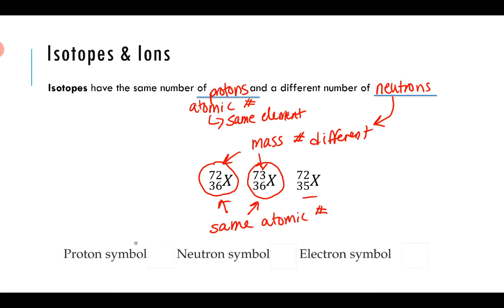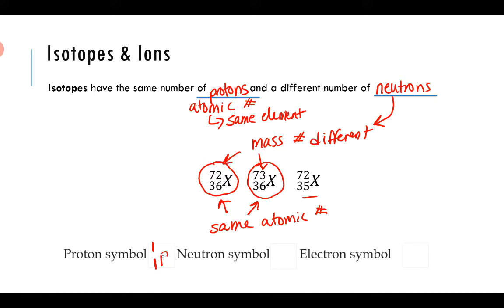They have a different mass number because they have different counts of neutrons in the nucleus. All right, so on this slide, I also want to define some symbols to mean our protons, our neutrons, and electrons. These symbols will help us when we're balancing nuclear equations. A proton will have an atomic number of 1, which makes sense because that's the proton count. Protons contribute to the mass, so it will have a mass number of 1.